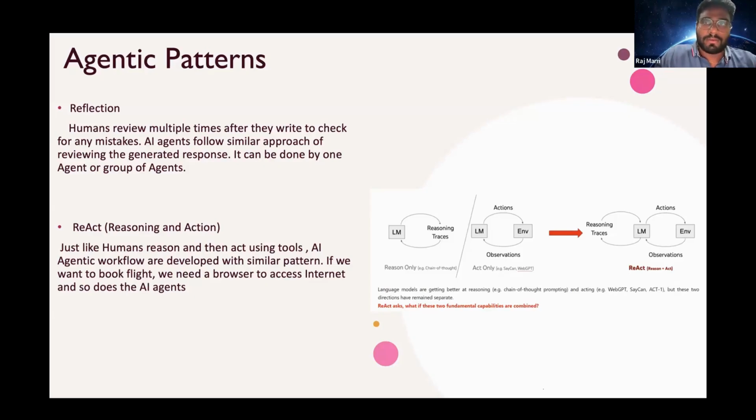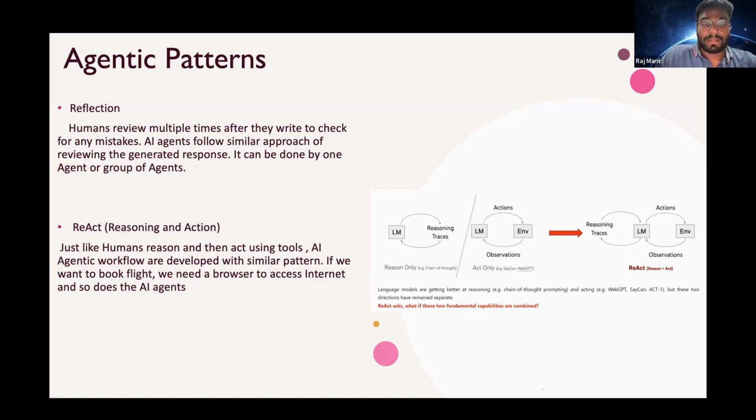Just like how we reason and take action using specific tools, AI agents do too. It's one of the very famous patterns that is mostly adopted by any agent. It's a simple pattern: reasoning and acting. So it goes ahead, reasons what it has to do, and then it takes action, and it observes that and goes back and reiterates through that same process.